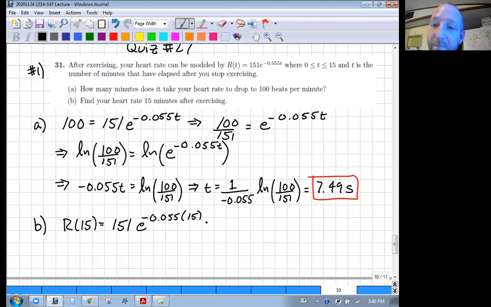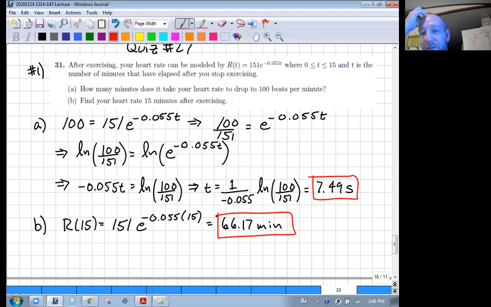There we go. So I got a negative 0.055 times 15. Now take the e to the button and then multiply that by 151. I got 66.17, and this is beats per minute. Any questions about that? Part B?